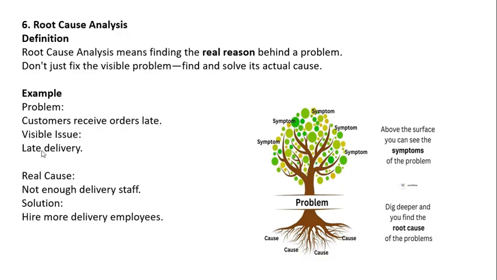The visible issue is late delivery, and the real cause is not enough delivery staff, so the solution is to hire more delivery employees. This image shows the symptom, late deliveries, the main problem as the cause, not enough staff to make deliveries, and the solution, hiring more delivery staff.